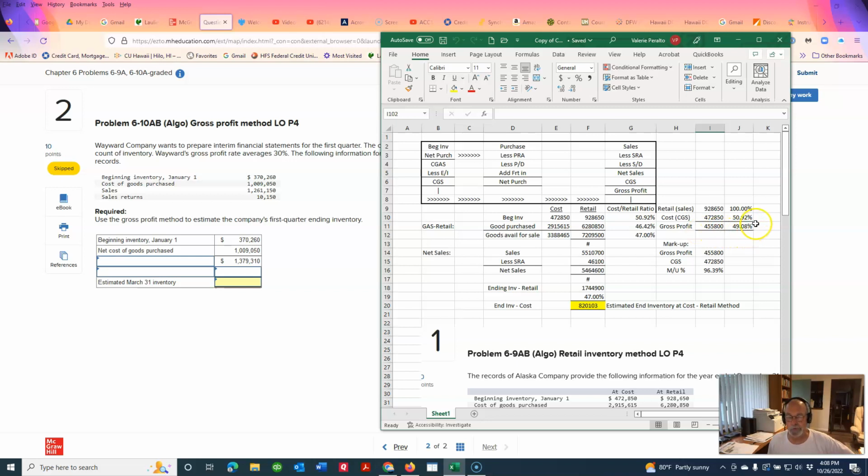And so our gross profit and our cost ratios have an inverse relationship with respect to the sales amount, which is always at 100%.